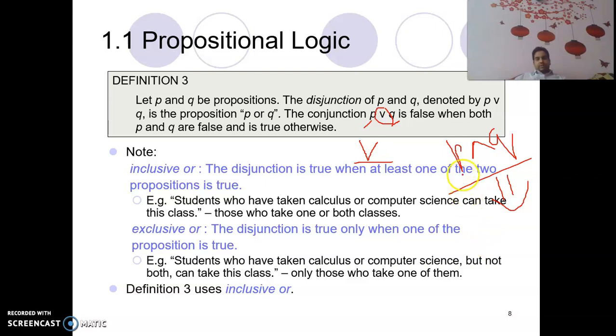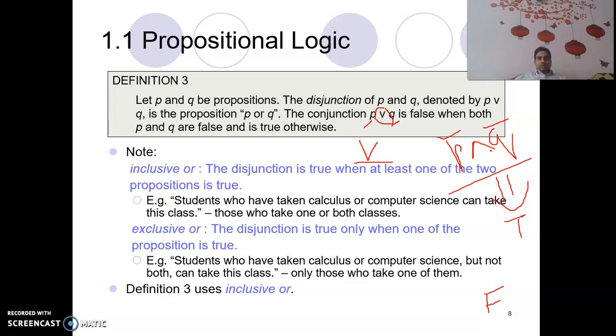In this case, it will be true when any one of p and q is true, otherwise it will be false. So when will it be false? If p and q both are false. This proposition will be false only when p and q both the propositions are false, otherwise it will always be true.